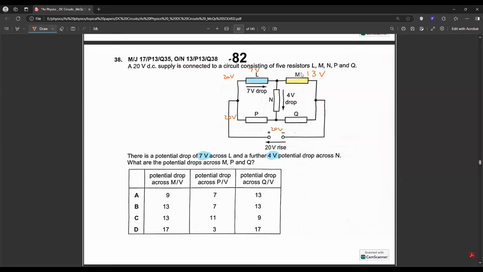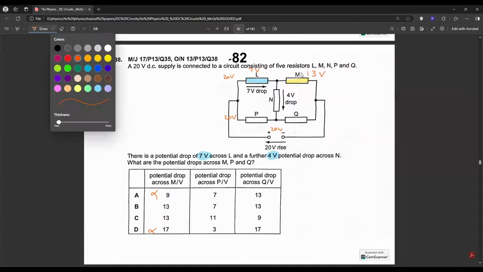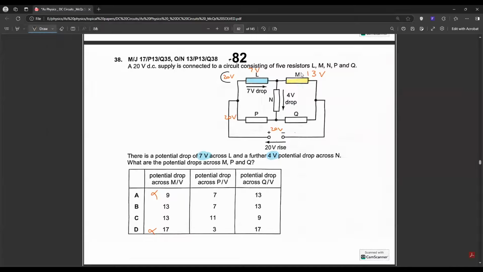Now let's further analyze it. You can see there are two options with 13. A and D will get cancelled out right off the bat. Now let's say you have started your month with 20 rupees in savings.